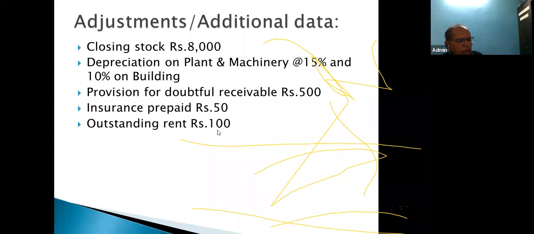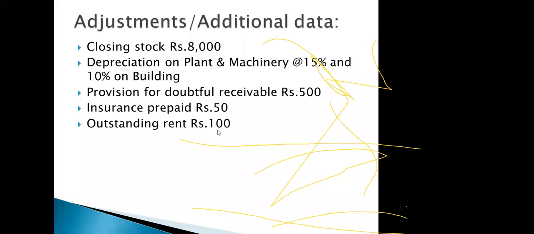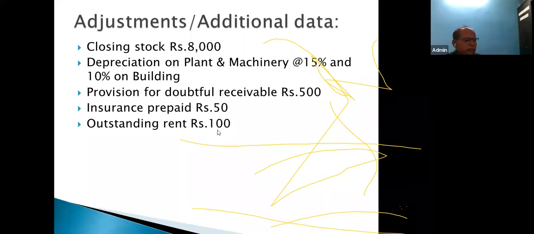Now we need to close the last account, that is the balance sheet. But before that, we have to transfer this net profit to our balance sheet. So go to the balance sheet, inside the capital, you have written the amount 25,000. Am I correct? You have written that 25,000. Yes.